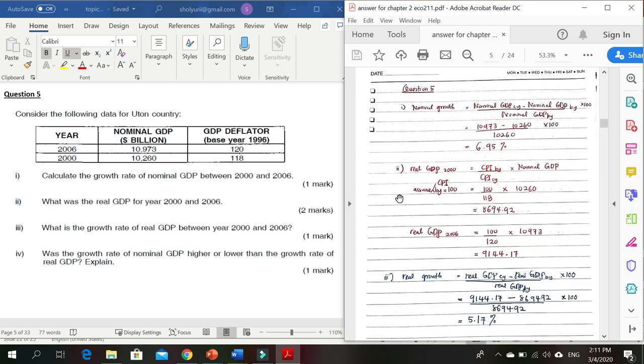Look at the second question. It gives two years, 2006 and 2000. Put the formula first: CPI base year over CPI current year, the same formula for both years, so writing it once is enough. Then times nominal GDP. Don't forget to write: assume CPI base year equals 100.